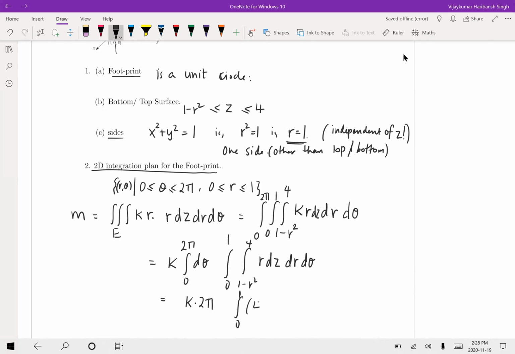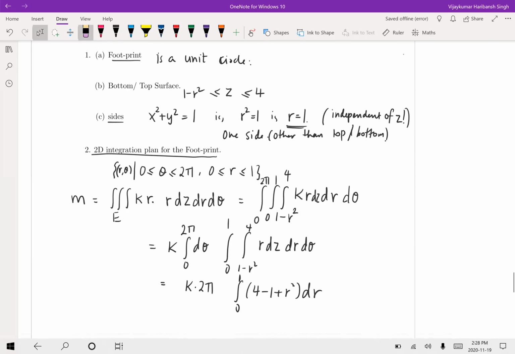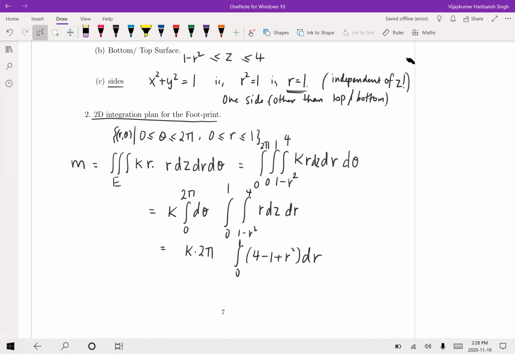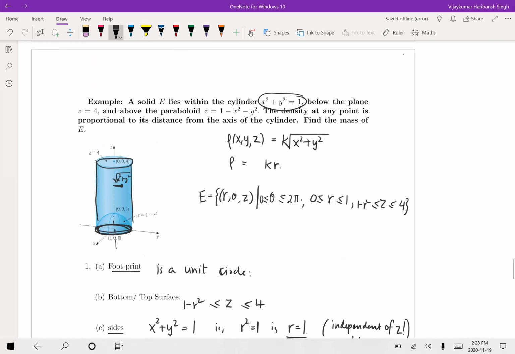So we have 4 minus 1 plus r squared, and then dr. Then when you integrate this, it is k times 2 pi, 3 plus r squared, sorry, there was an r.